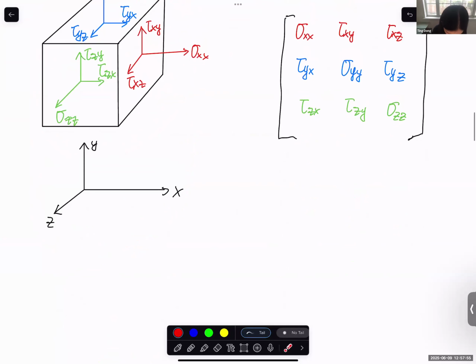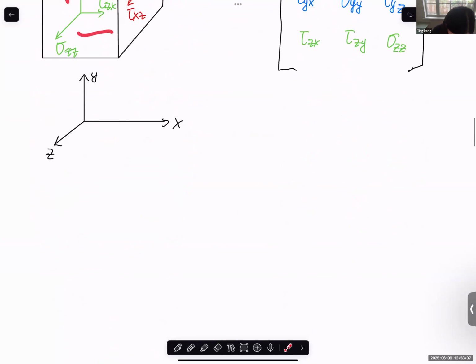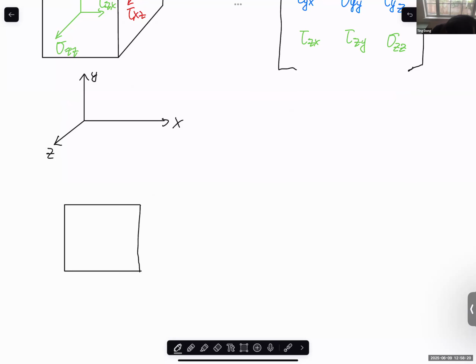Let's take the z plane. We only take this one, and of course on the opposite face we have these two also. We just consider the shear stress on the x plane and the y plane. It becomes a square.